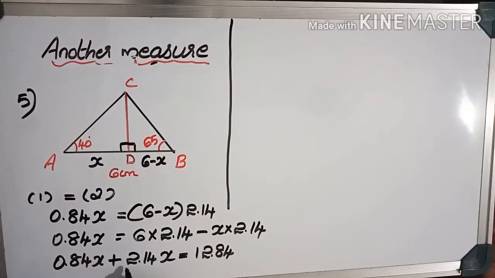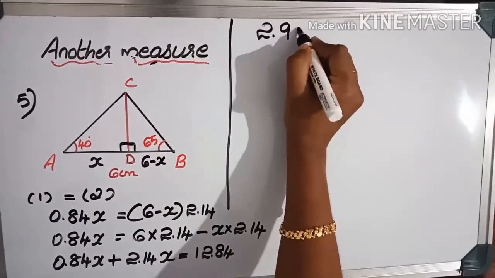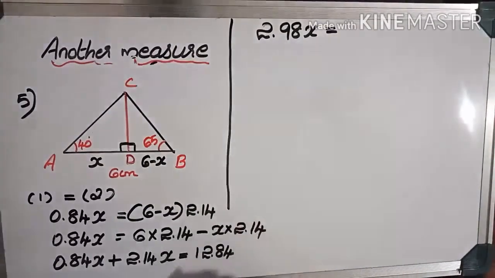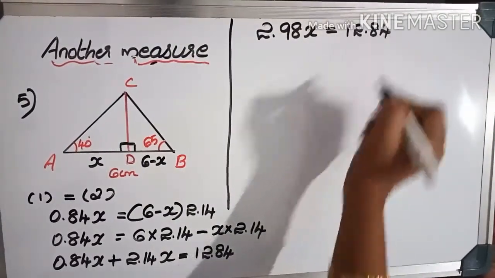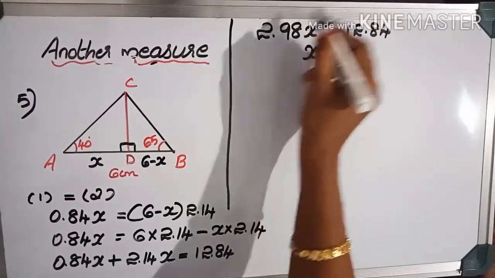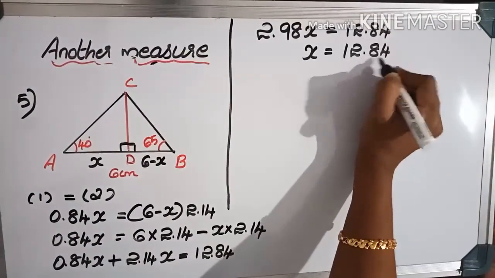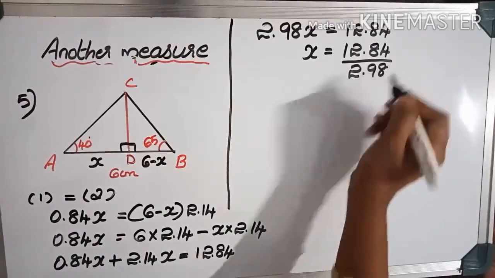Now we can add x and x, that means 0.84 and 2.14 we can add. We will get 2.98x equal to 12.84. Now keep x here. X equal to 12.84 divided by 2.98.